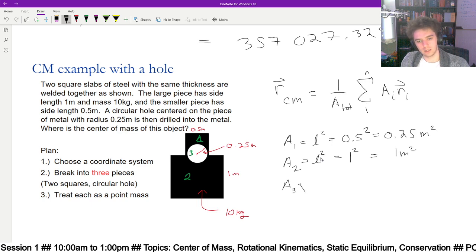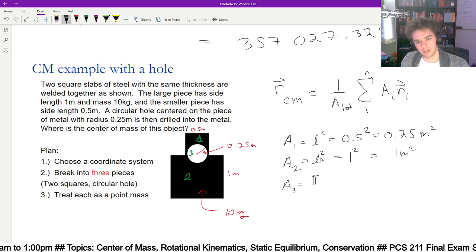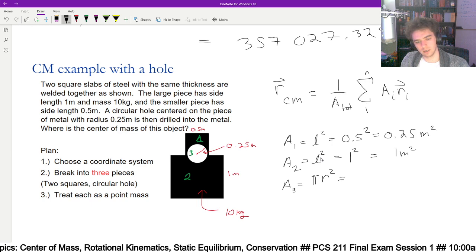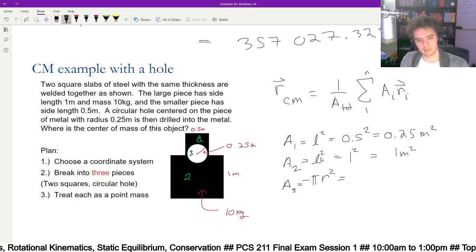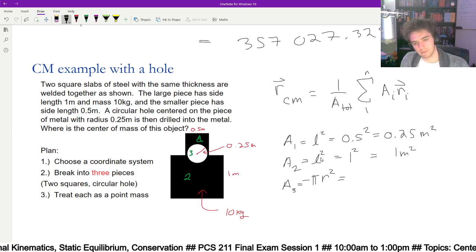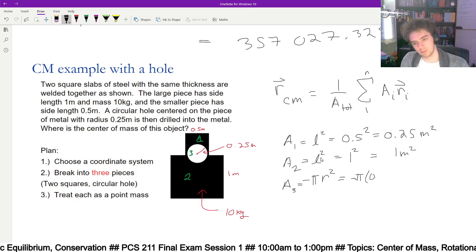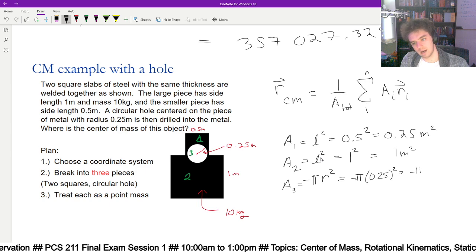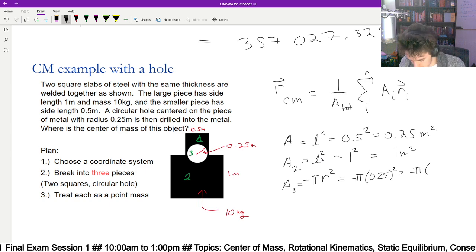And area 3 is pi r squared, and actually negative pi r squared, because it's a piece being taken out. So it's going to be negative pi times 0.25 squared, which is about 0.16?